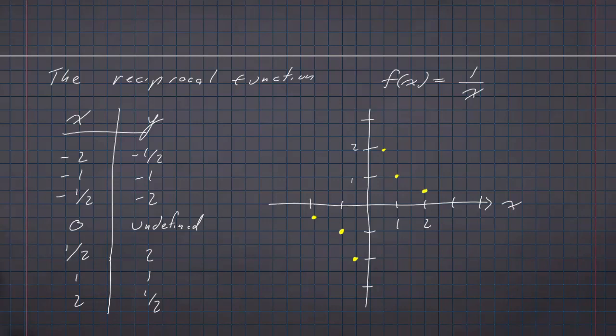And you probably remember from a previous mathematics course that at x equals 0, we have what's called a vertical asymptote.